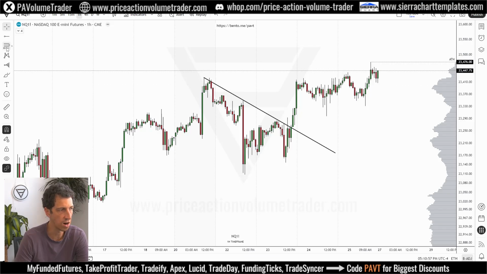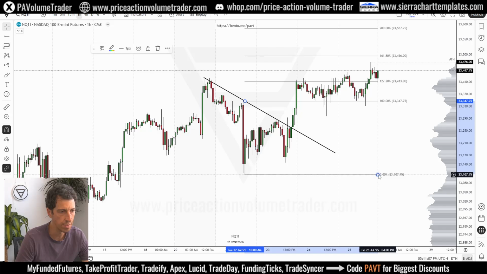So we would get our fib tool and we would go from the trend line down into the bottom of this green candle here, which was the lowest point. And here we have our extension. So you can see we actually found some significant resistance here right around 127.20, which was near previous all-time highs.